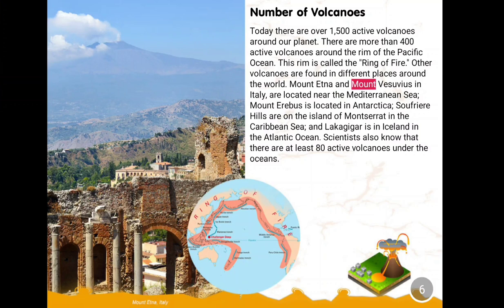Mount Etna and Mount Vesuvius in Italy are located near the Mediterranean Sea. Mount Erebus is located in Antarctica. Soufriere Hills are on the island of Montserrat in the Caribbean Sea, and Lakagia is in Iceland in the Atlantic Ocean. Scientists also know that there are at least 80 active volcanoes under the oceans.